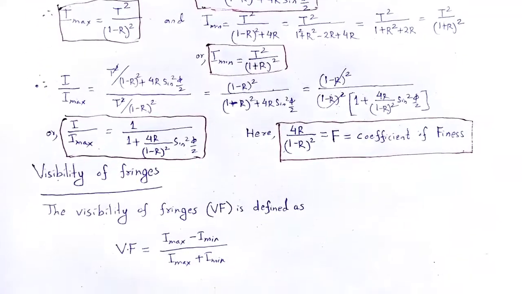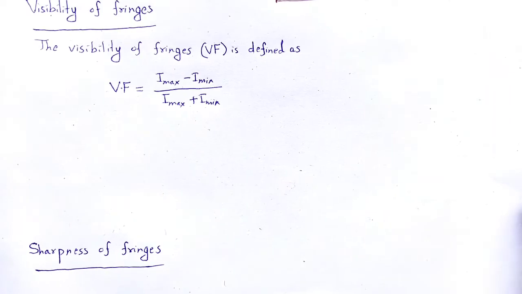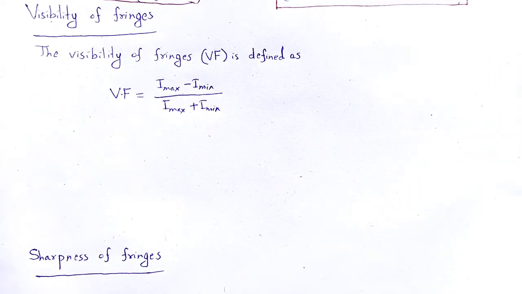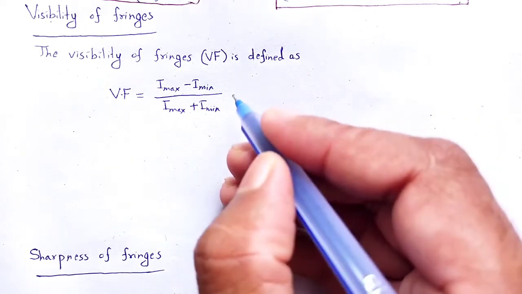Now, another technical term, which is visibility of fringes. Mathematically, we denote it as I max minus I min divided by I max plus I min. Let me put in the values.